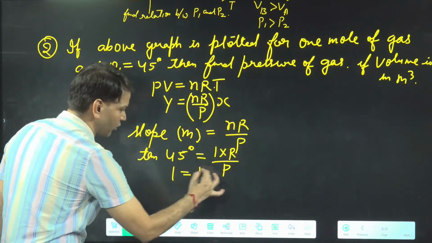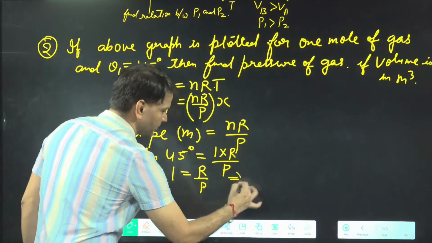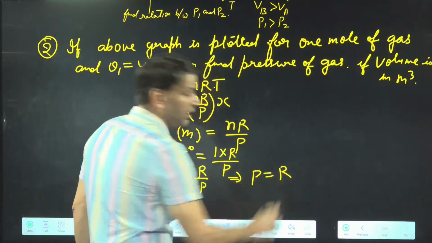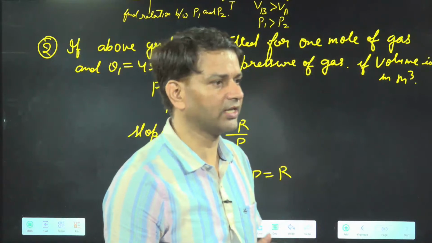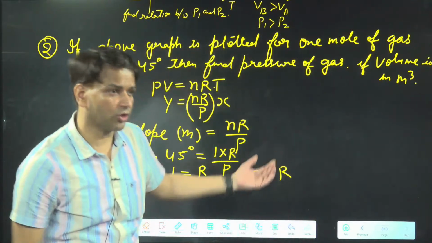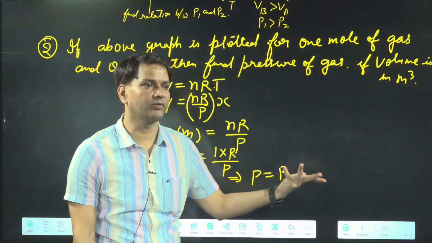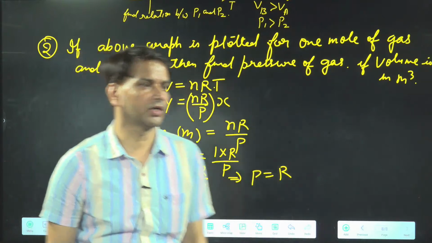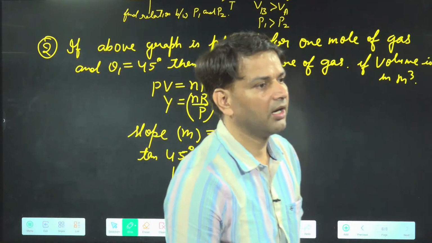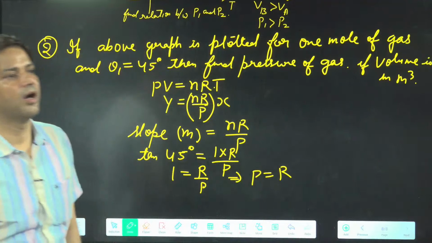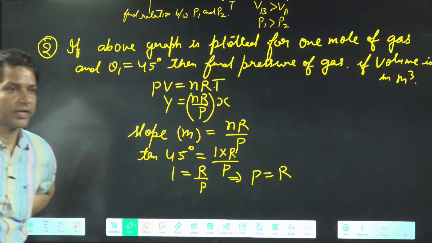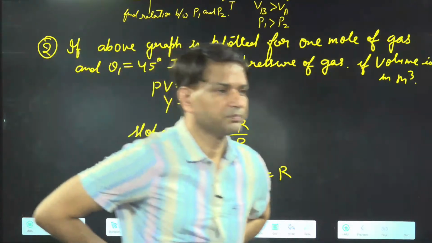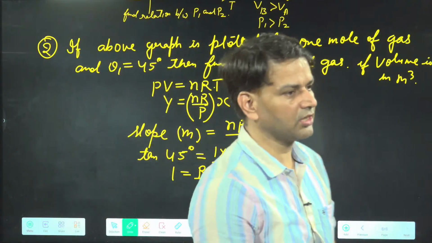So you will get R by P, and from that P will be R. Now volume you are using in meter cube, so pressure you will get in the MKS unit. MKS unit of R is 8.314, so you will get 8.314 in Pascal. Understood or not? By that way we can use the slope also.